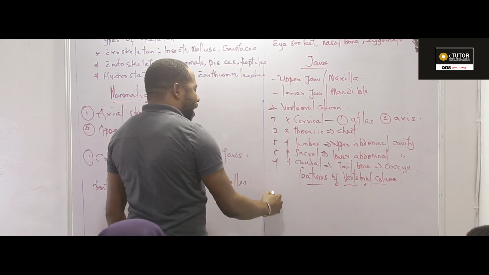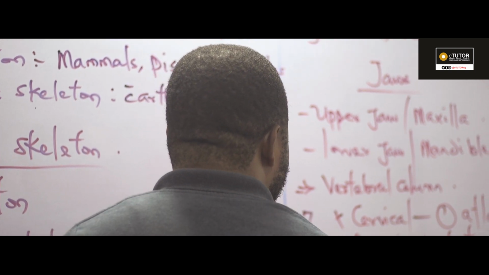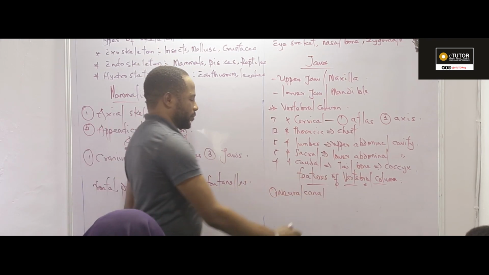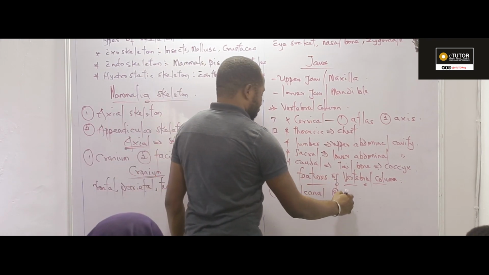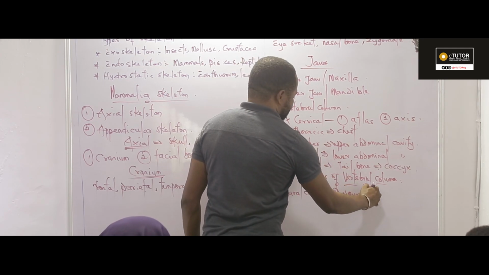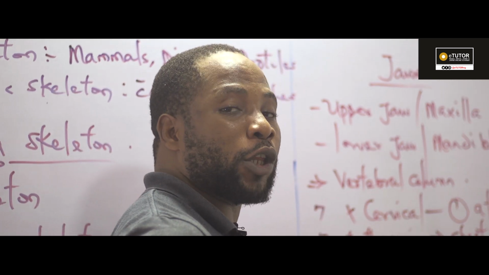We have features like neural canal that allows the passage of the spinal cord. Neural spine that provides surface for attachment of muscles.